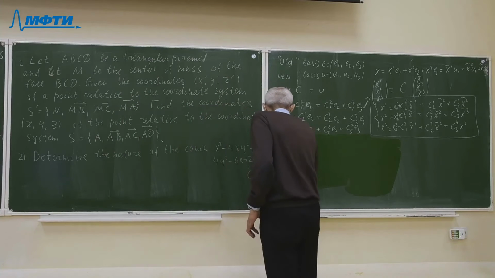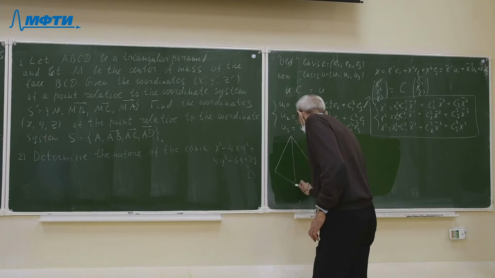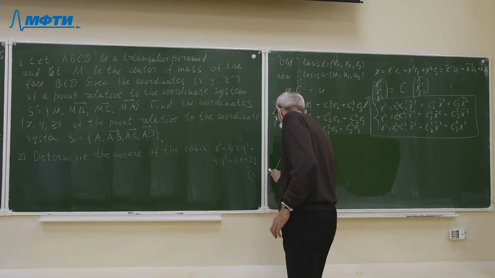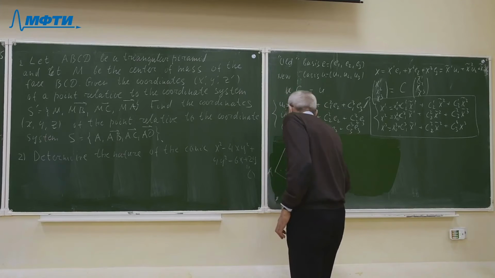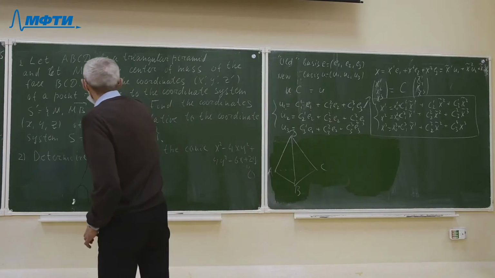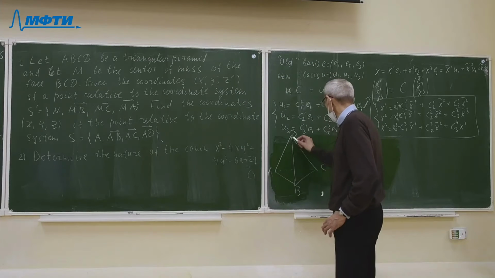We have an arbitrary triangular pyramid A, B, C, D. And let M be the center of mass of the face B, C, D.